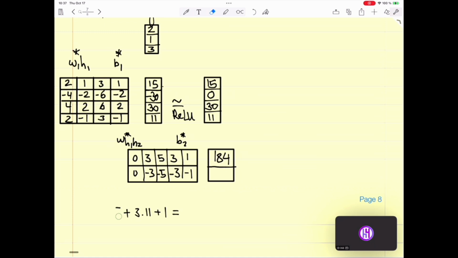And the other thing is going to be the same, but in negative, minus 184, which after performing ReLU turns out to be 184, 0.